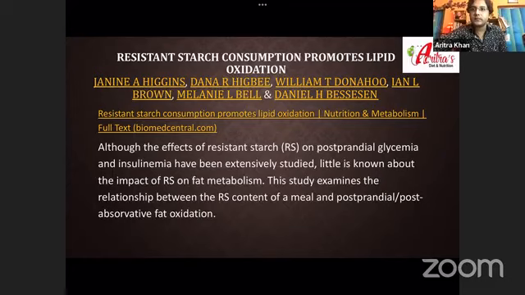The study examined the relationship between, because we all know the beta oxidation, omega oxidation, and we know the hepatic de novo synthesis. How come? Because after acetyl coenzyme A, malonyl coenzyme A is formed. After malonyl coenzyme A, the monoglyceride, diglyceride, triglyceride are formed. So this is the whole cycle through acetyl coenzyme A.